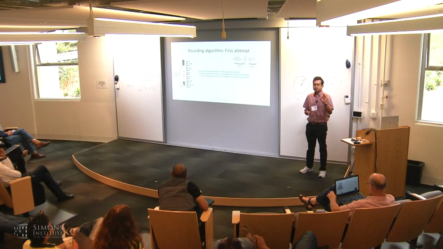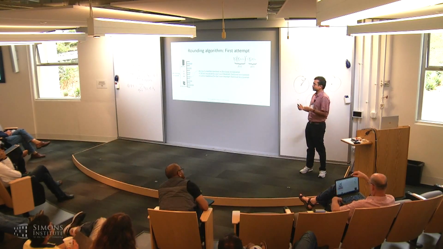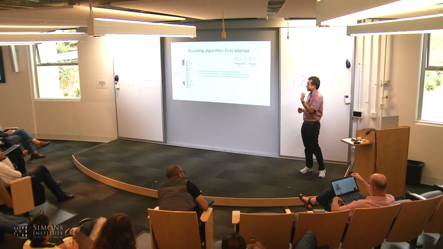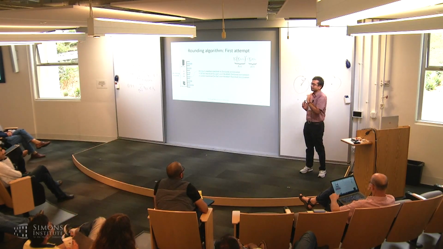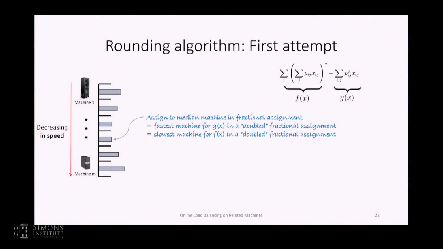Okay, so how do we make this work? Suppose I really like this idea of assigning to the median machine, which seems to have some nice properties. This offline algorithm has a constant approximation. No, this is online. In the offline world, how do you round if I have a fractional solution?